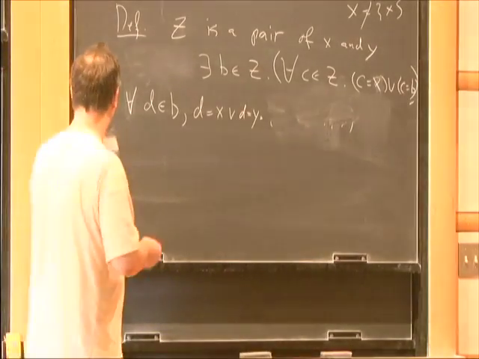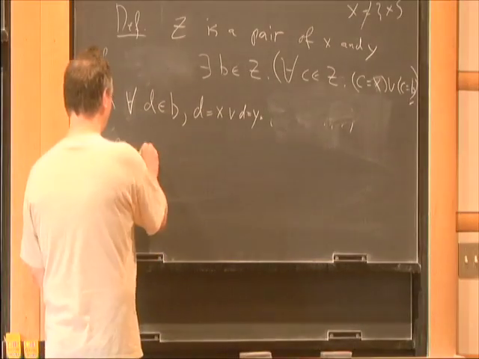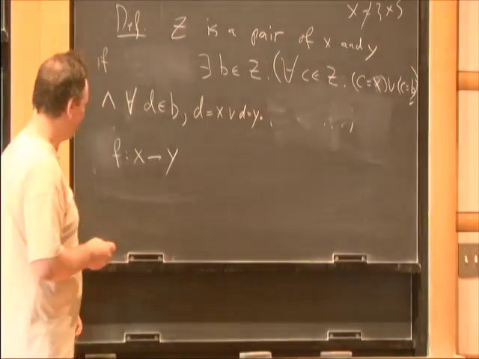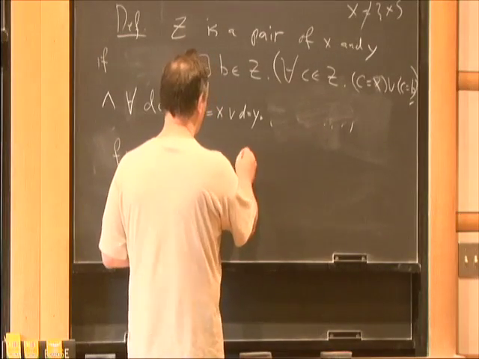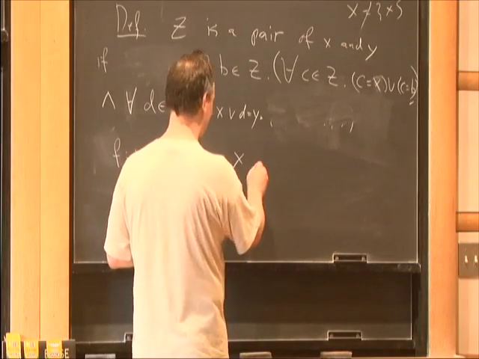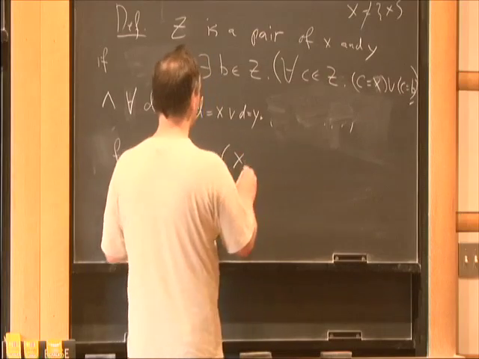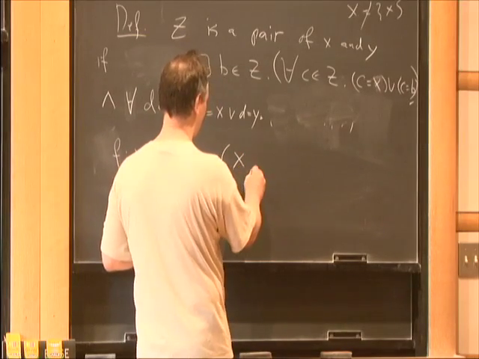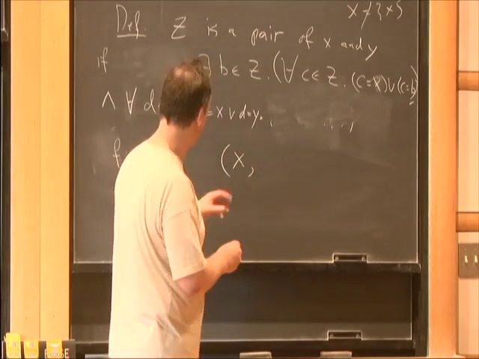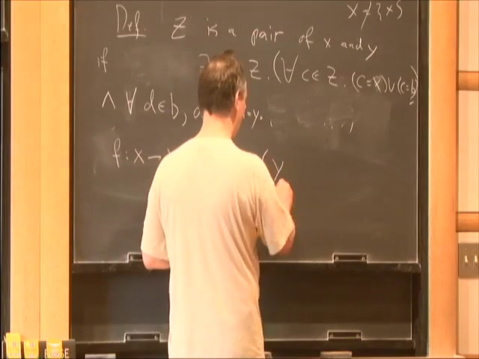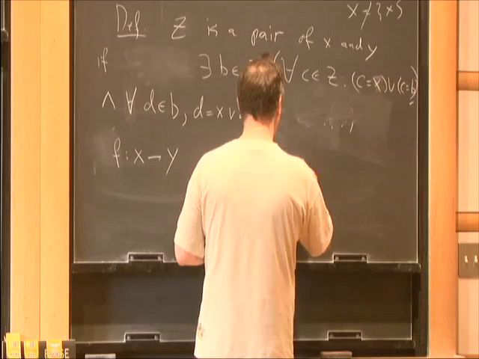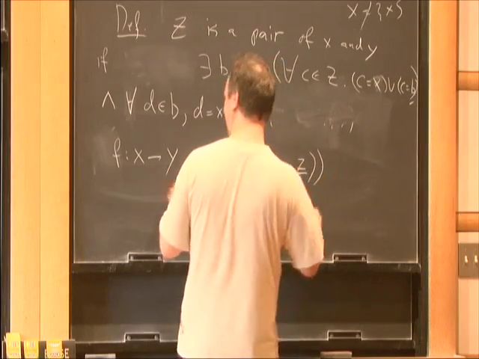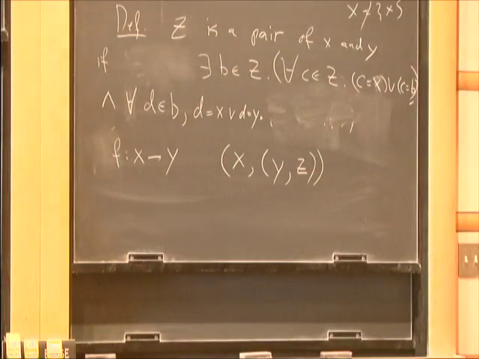What is a map from X to Y? It's probably a triple which consists of a set X. We don't have a triple, so we'll need to work with pairs. It will be a pair which consists of set X together with a pair which consists of set Y and set Z, where set Z is a subset of the product of X and Y, something like that.